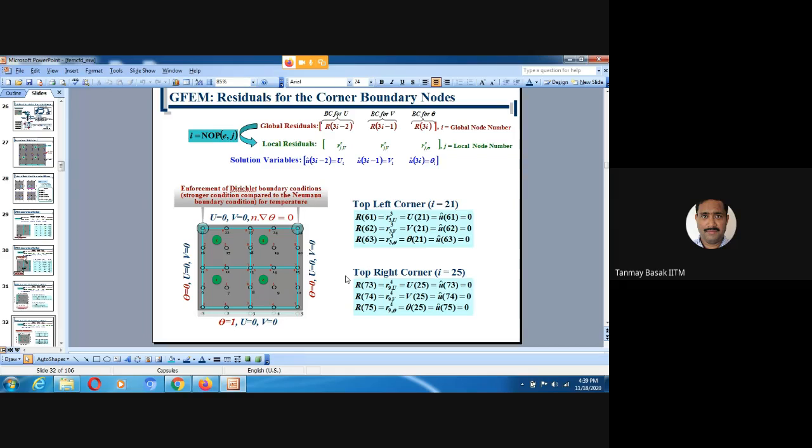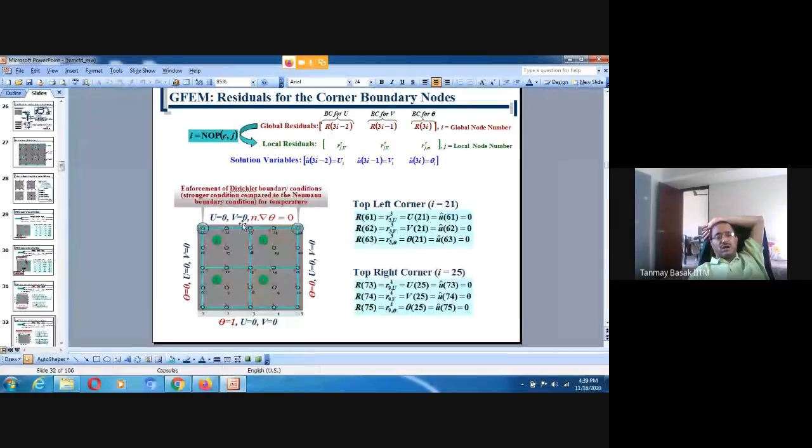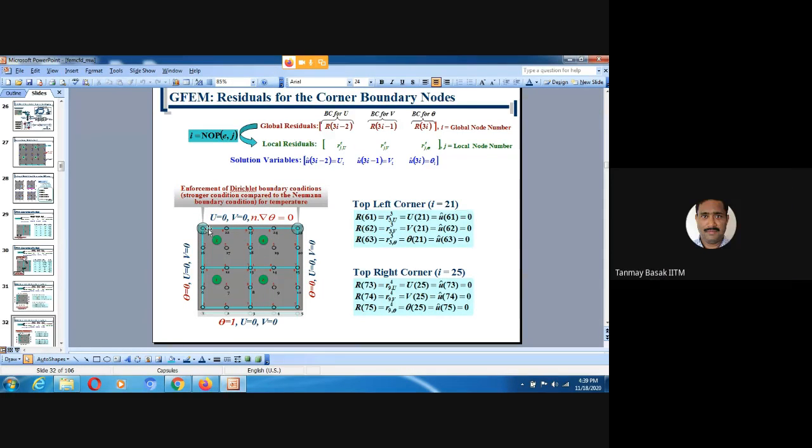Similarly, we will have residuals for corner boundary nodes in the upward direction. Top left corner: here we have a Dirichlet condition, and here we have a Neumann condition. But when you have both Dirichlet and Neumann conditions, Dirichlet is the stronger boundary condition, so you can still have the Dirichlet condition at this point.